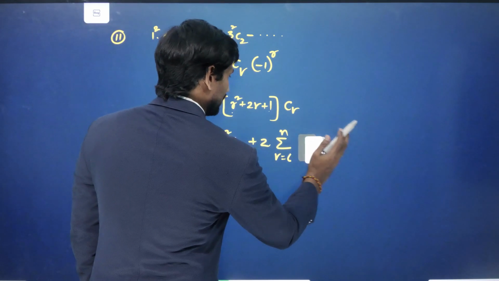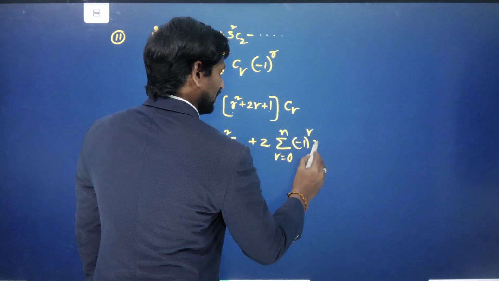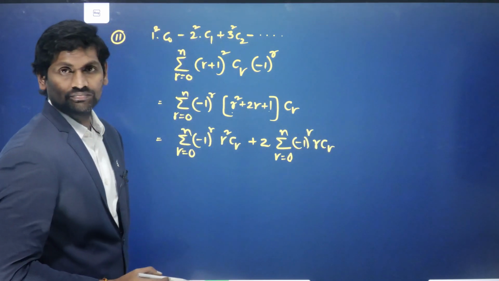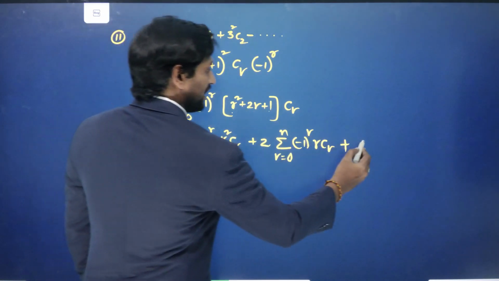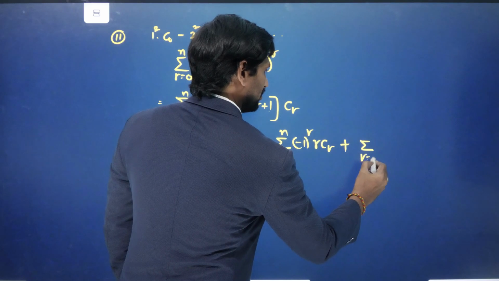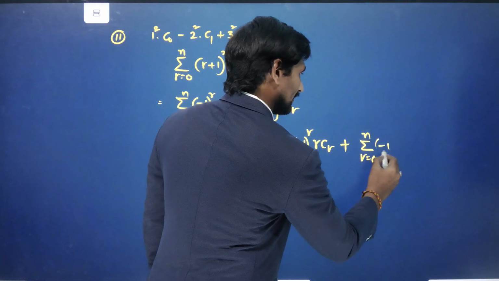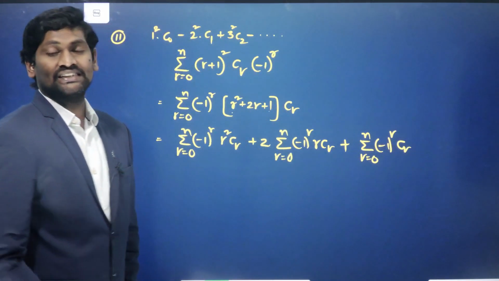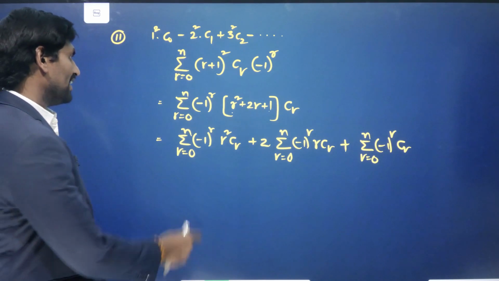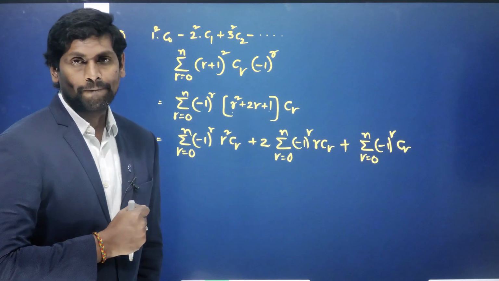So let me write minus 1 power r, r into cr. Plus sigma r equals 0 to n minus 1 power r, 1 into cr is cr. So there are 3 different terms coming, and I just apply sigma r equals 0 to n to all 3.